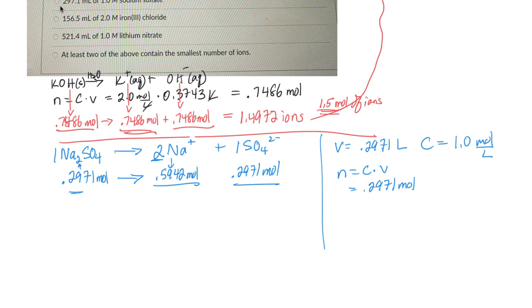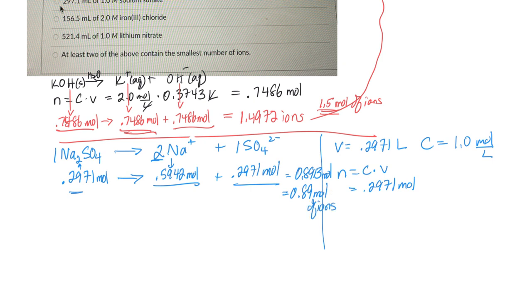Let's add those up: 0.5942 plus 0.2971 gives 0.8913 moles. Rounded to 2 sig figs, it'd be 0.89 moles of ions.